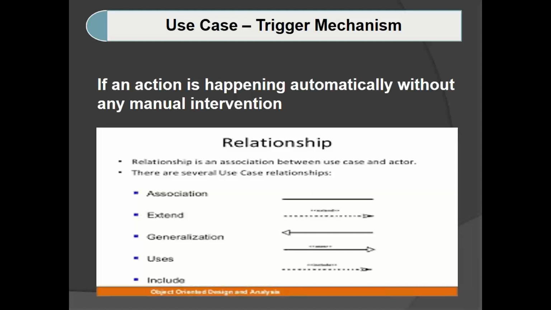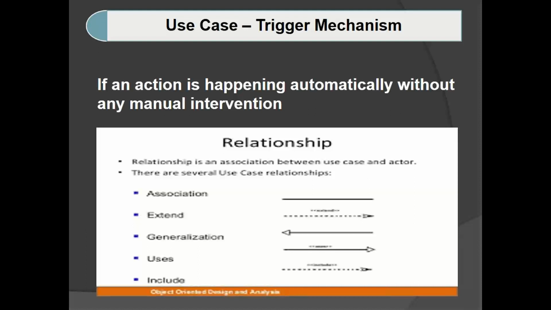No, it happens automatically. How? With the help of the trigger mechanism concept. Another example is if you have registered your email ID with the bank, then on the 5th of every month, you will receive the account statement on your email ID.